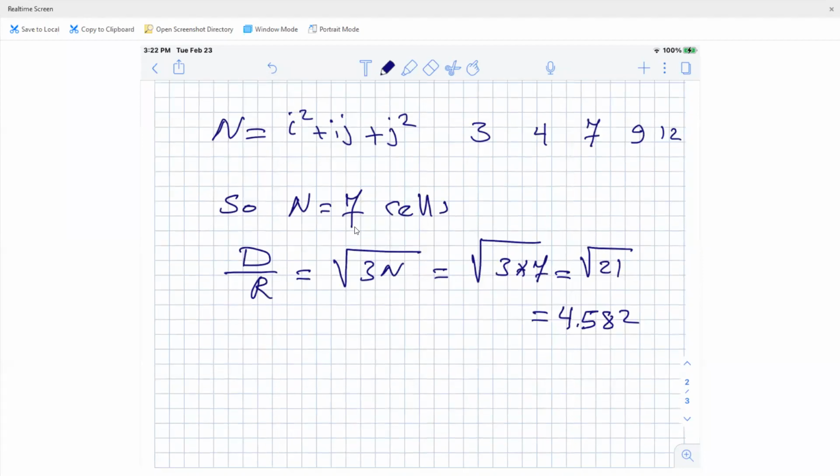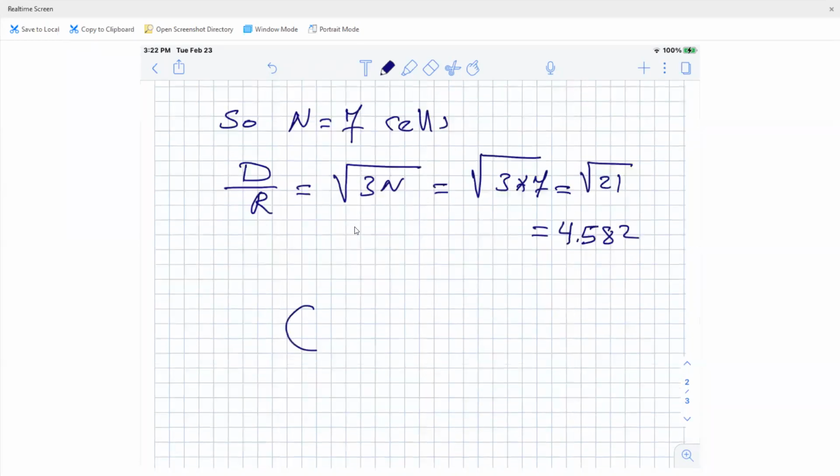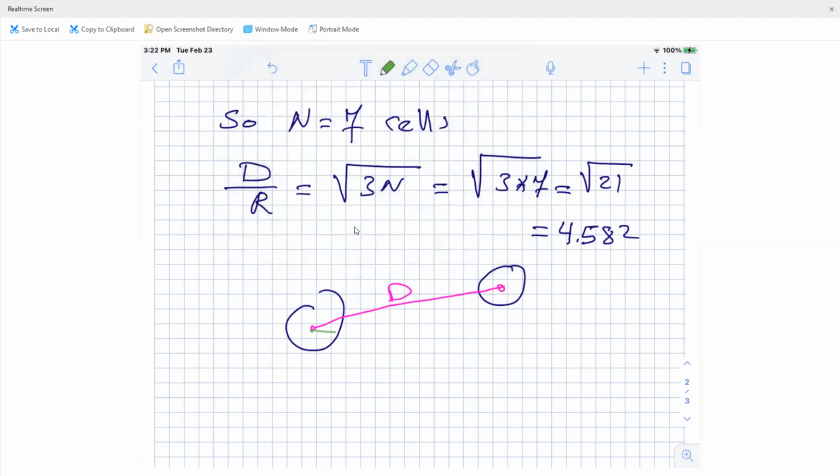Okay, D over R. Of course, this will be unitless. Why? D represents the distance between the centers of two cells which have the same channel set. Okay, this is D. And R will be the cell radius.